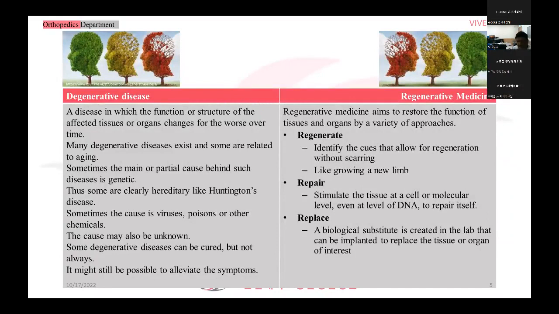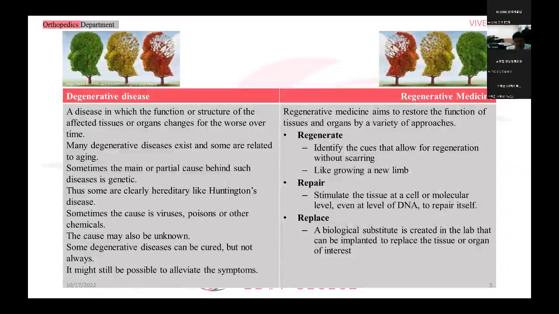Basically, the degenerative phenomena is highly linked with aging as well as some extrinsic and intrinsic factors. But aging is the major culprit. Many degenerative diseases exist in some way related to aging.